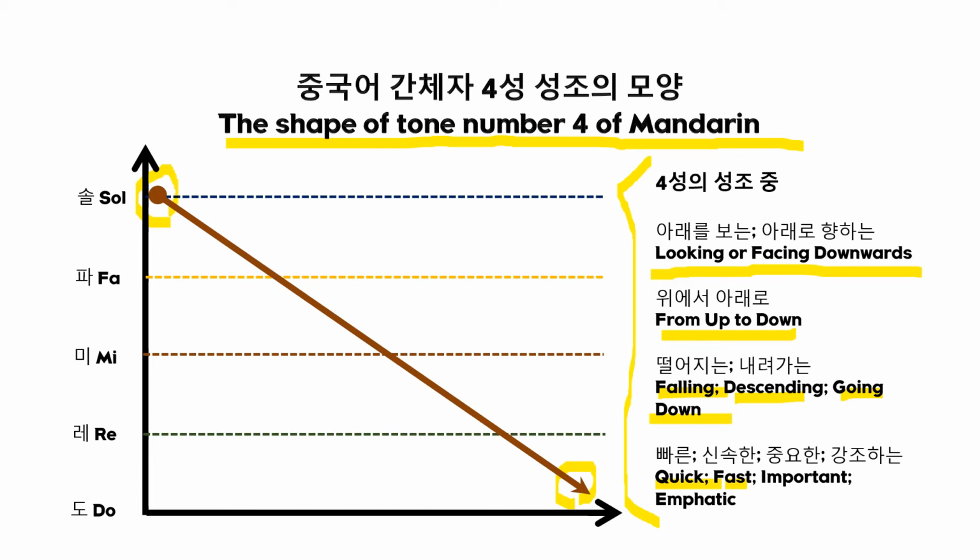If you want to move quick and fast, that might be important, or if you wish, emphatic. So these are four major key concepts from the tone number 4 shape, four fundamental conceptual elements. This is the way I have addressed it on the same basis for tone number 1, 2, and 3.